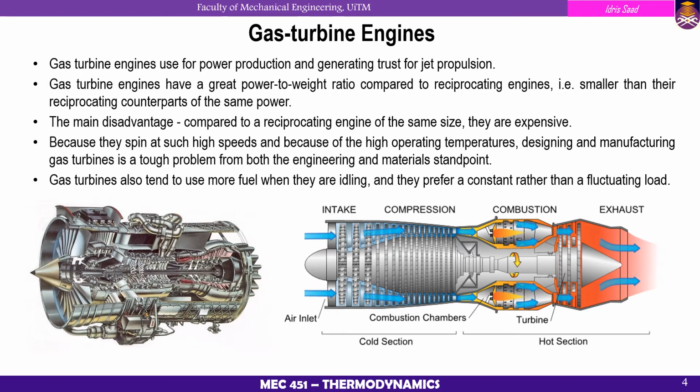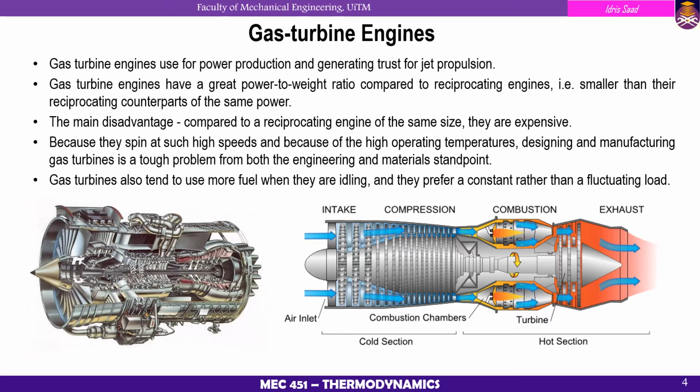Actually, the gas turbine engine has two purposes. It is used for power production and also for generating thrust for jet propulsion. That's why if you have seen an airplane, the engine is placed at its wings. That is the gas turbine engine.